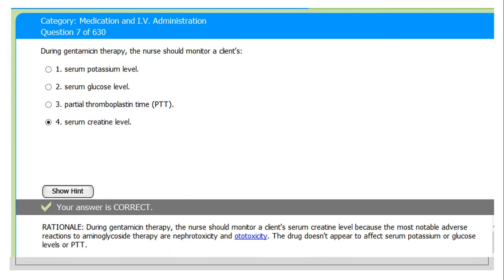Or if your patient needs to take insulin, we need to check the blood sugar level, as the patient may develop hypoglycemia. Or if your patient has to take diuretics like furosemide, Lasix, we need to check the potassium level. So whatever the examiner asks, let's try to figure out the keyword, then choose your answer.